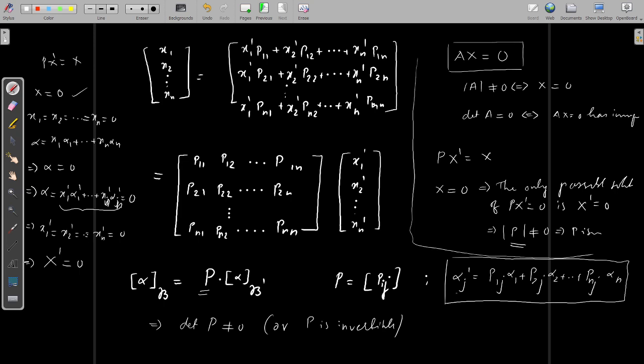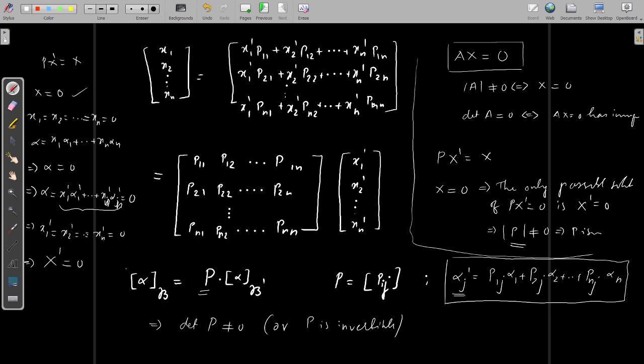Because whenever we write alpha j prime as a linear combination of alpha i, these coefficients p1j, p2j, etc. constitute the coordinates of alpha j prime relative to the basis B. Therefore, these coordinates are unique. We can say that these pij's are unique as far as these two distinct bases are concerned.